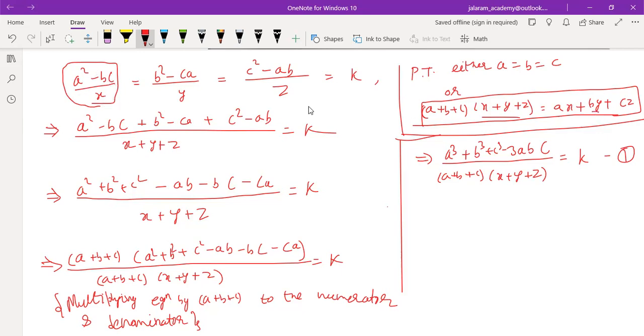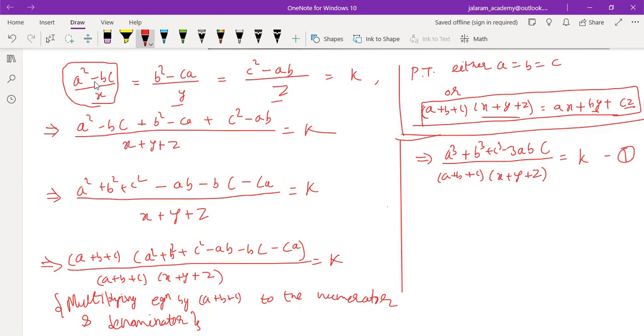Now to bring by, if you multiply numerator and denominator both by b, the denominator is by, while the numerator is b square minus ca into b, that is b cube minus abc. And again the third one is cz. If you multiply the denominator with c, it is cz, and the numerator is c square minus ab into c, that is c cube minus abc.